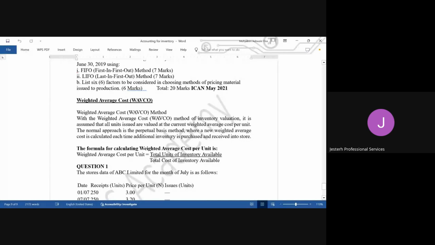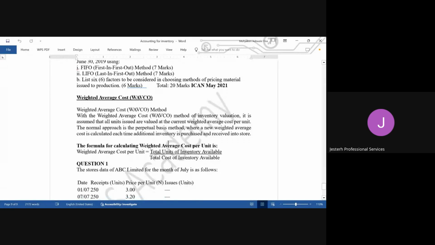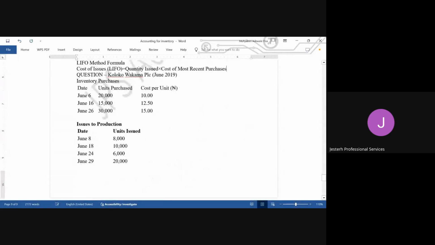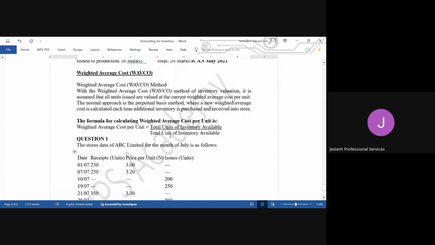What this is saying is that before you can issue any inventory out, you have to know the total units of the inventory that you have in the store, and the total cost of it as at when you are issuing the inventory out. Okay, this one's supposed to be total costs. Give me a minute, let me write this down. This one will be units.